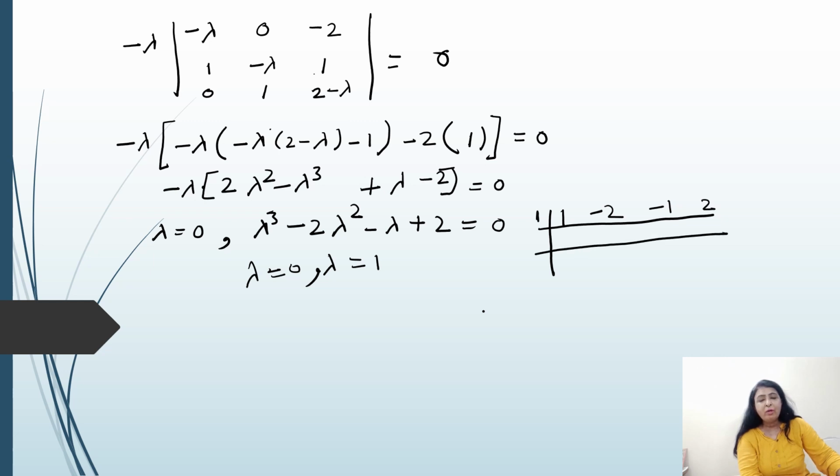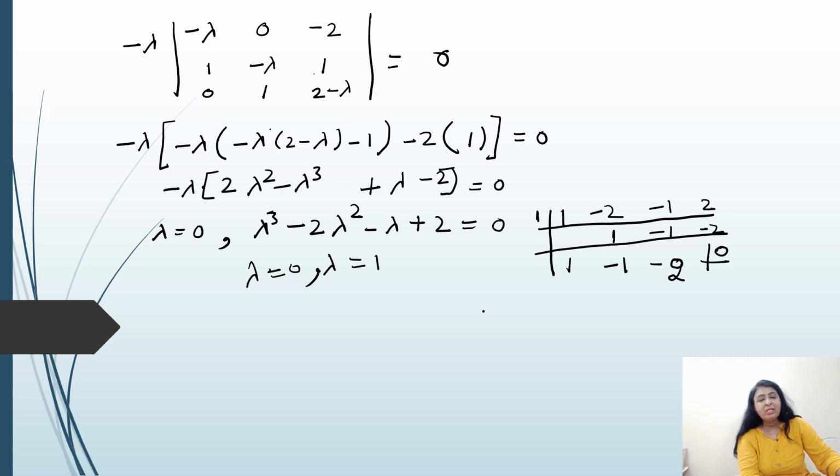So 1 is written as 1. 1 into 1 is 1. Multiply 1 with 1 and then add these two: minus 2 plus 1 gives you minus 1. Then 1 into minus 1 gives you minus 1. Add these two and you get minus 2. Then 1 into minus 2 is minus 2. Add these two, you get 0.